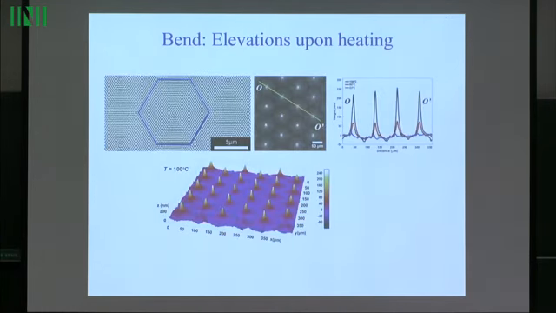So the structure doesn't depend on the concrete symmetry of those bend deformations. So you can create a similar lattice with +1 defects surrounded by 6 -1/2 defects, and when you heat, you would observe practically the same elevations. Of course, the background will be somewhat different.